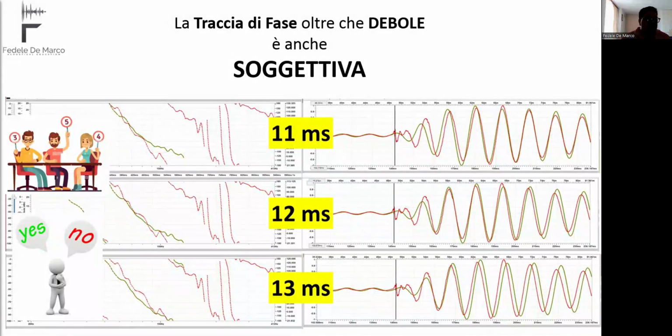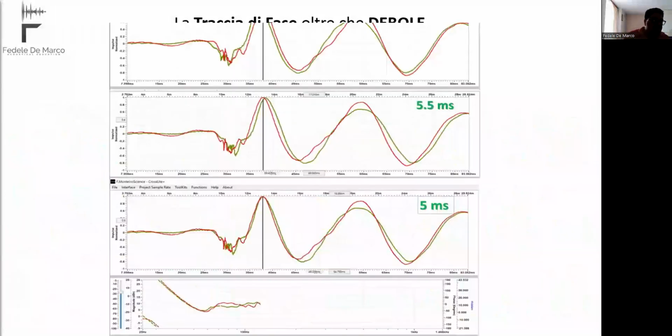Placed in front of the same PA and screen, several people will identify different slopes for good alignment that correspond to different values of applied signal delay. We are talking about differences that can also be large, 1, 2, 3 milliseconds.